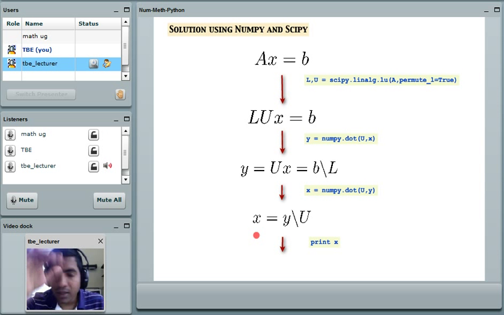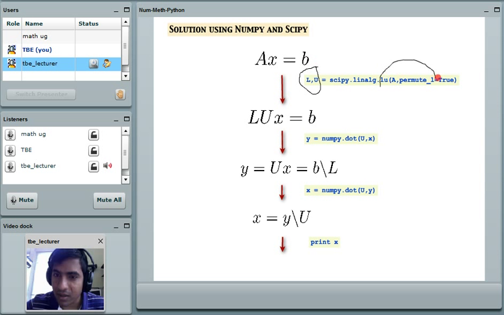So what I do here is, I read matrix A, I read matrix B, and then I use this function: L, U equals scipy.linalg.lu of A, where I pass matrix A and ask it to return L and U. These are the two matrices returned by this function, called LU.